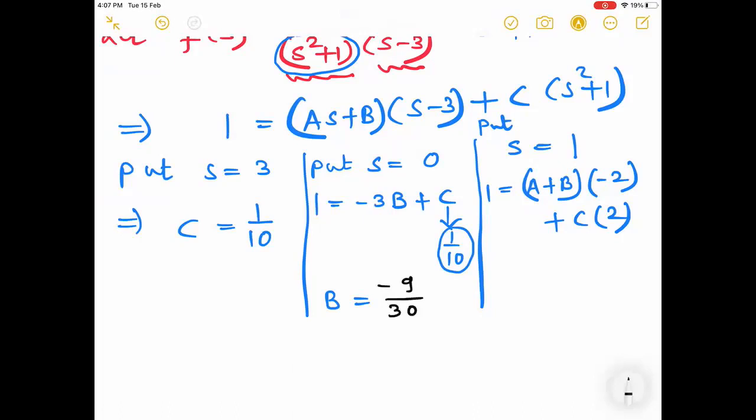Getting? Yes, ma'am, that's correct. Next, you know the answer for B and the answer for C, so you can get the value for A here. Anyone calculated A?